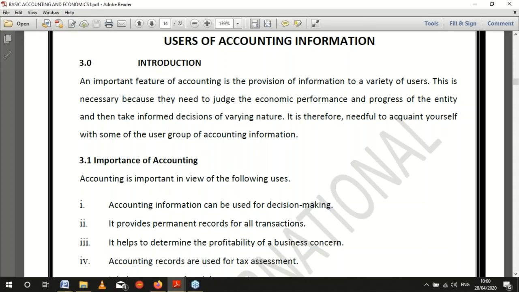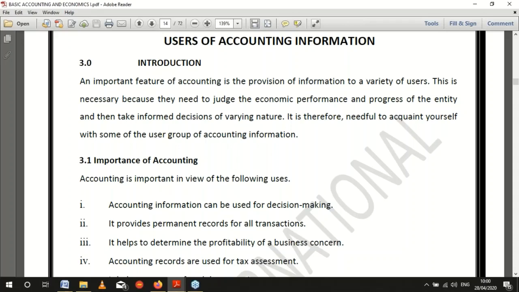And we measure it by cost. So it is capable of objective measurement. We can use it to measure the business assets, the liquid assets and others. So we do use the realization concept.